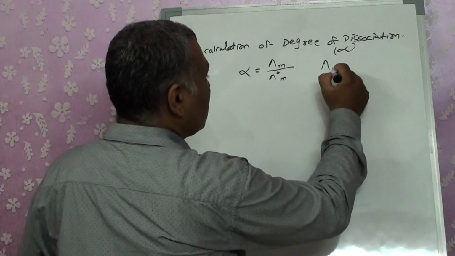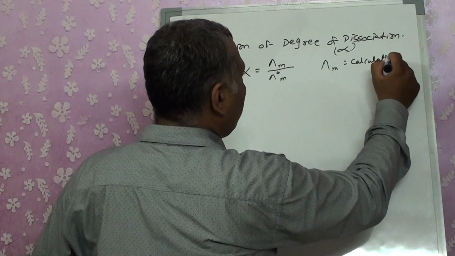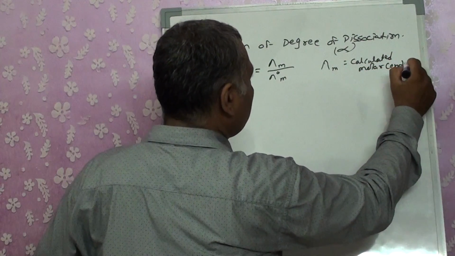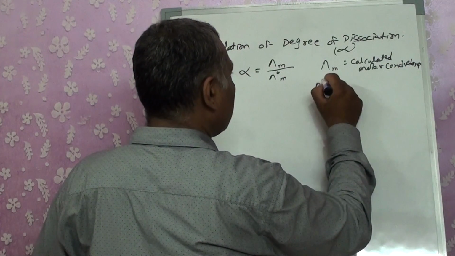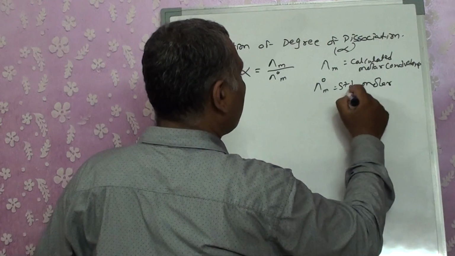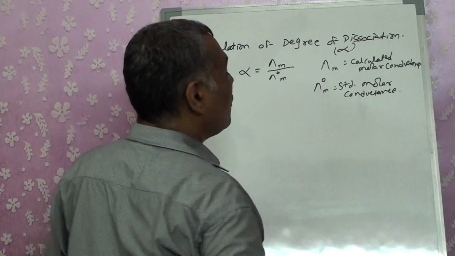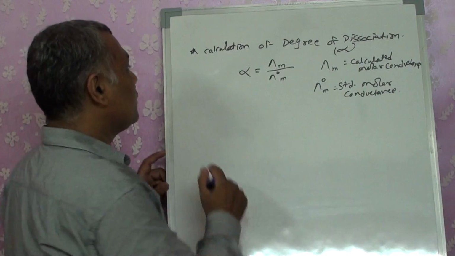Now this indicates the calculated molar conductivity, and this is the standard molar conductance. So molar upon standard molar, we get the degree of dissociation.